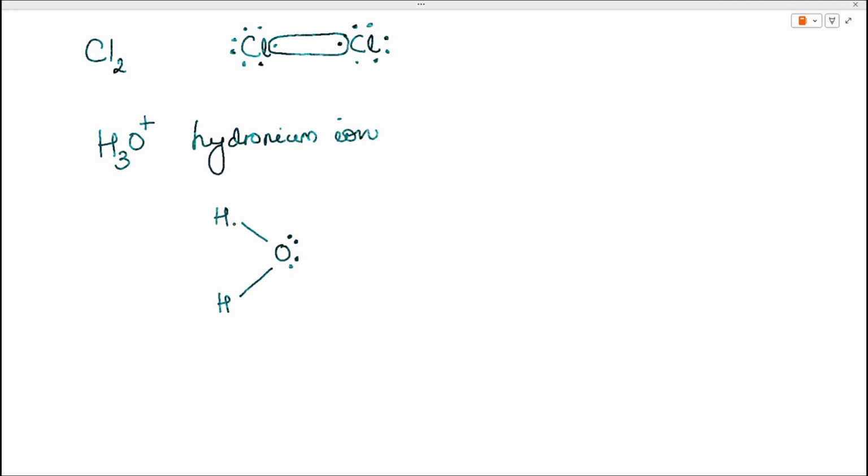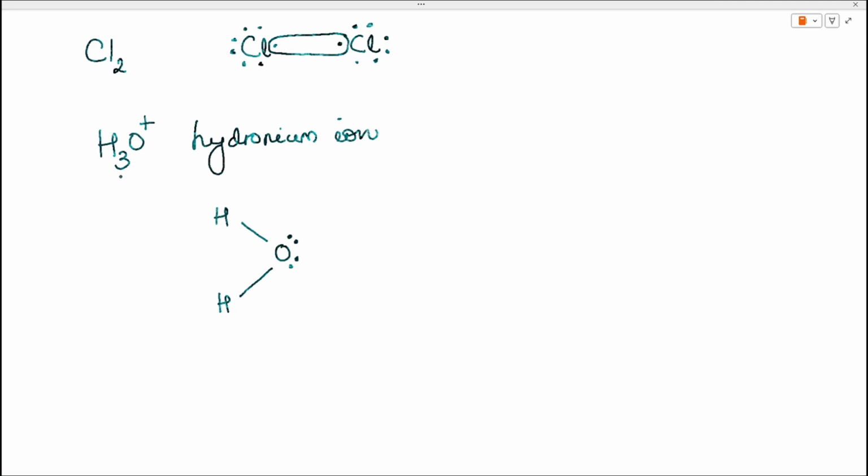Hydrogen had to complete its duplet, each one of them, and oxygen had to complete its octet. And for this purpose, this oxygen shared its 1 electron with this hydrogen and vice versa. And the same thing happened between these 2 atoms, this oxygen and this hydrogen.